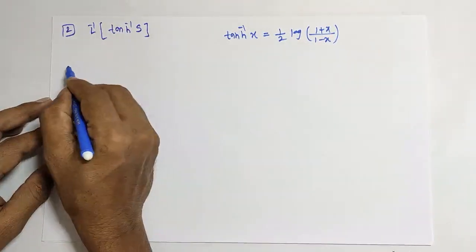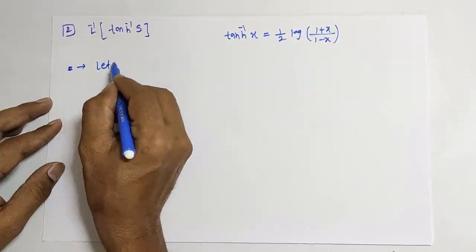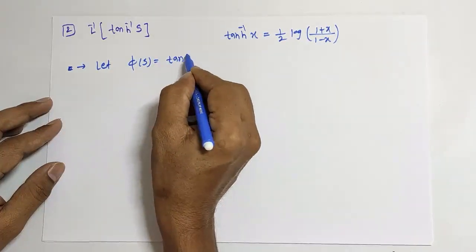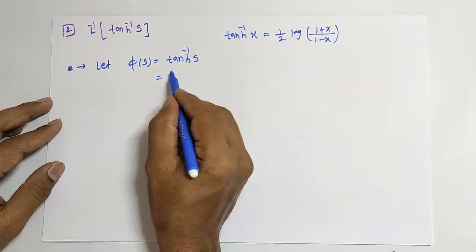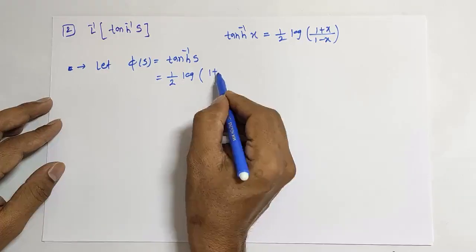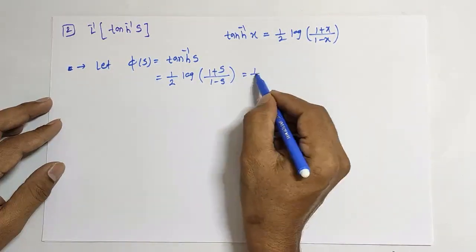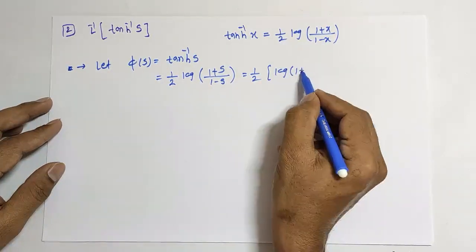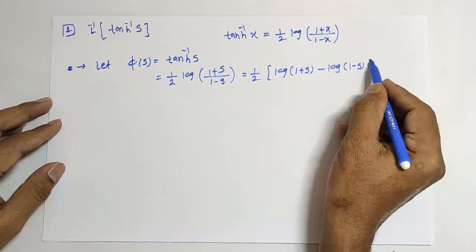Same in terms of s I am writing. So I'm going to consider my phi of s is tan H inverse of s. By using the formula, 1 by 2 log of 1 plus s upon 1 minus s. 1 by 2, use the property of logarithm: log of 1 plus s minus log of 1 minus s.